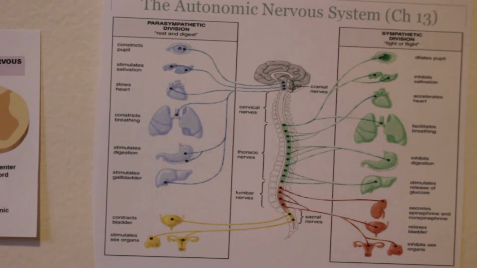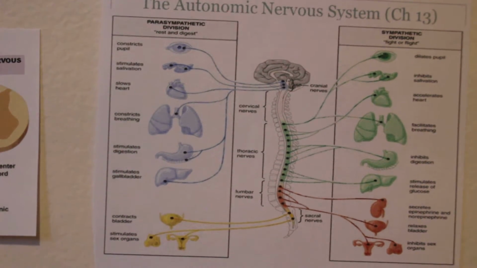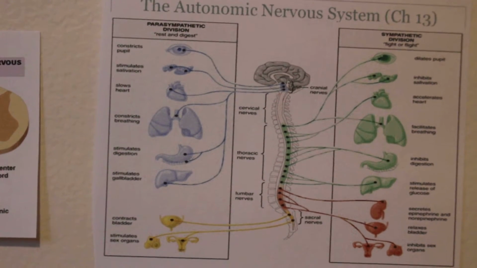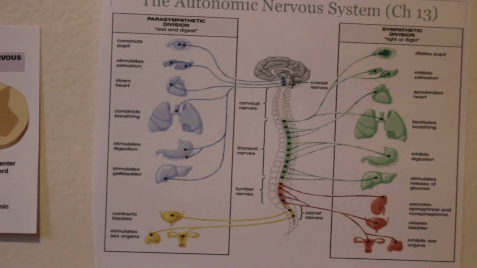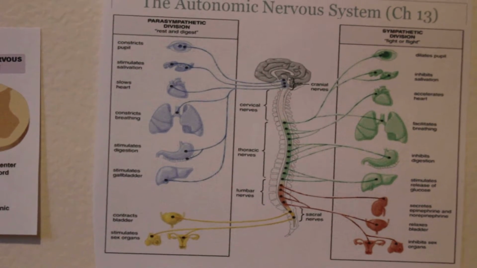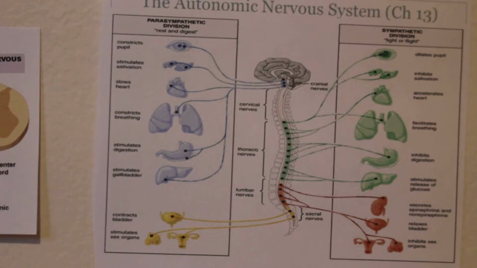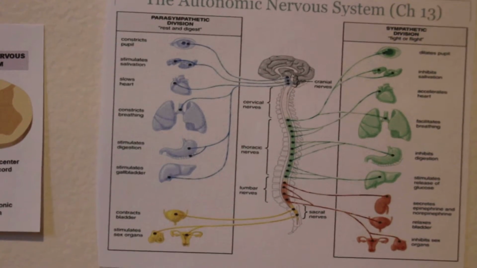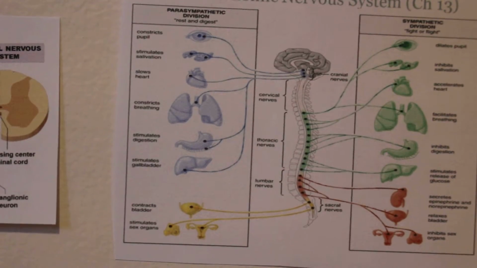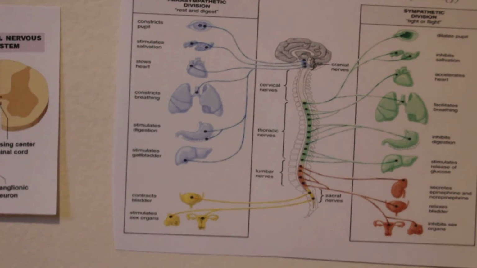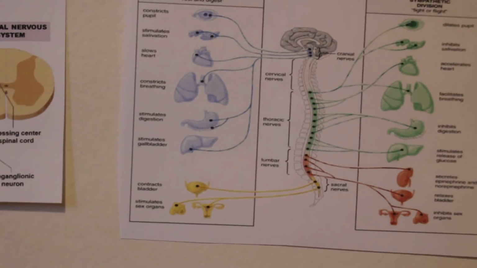And then the parasympathetic returns the body to the restful state. This is called rest and digest. It increases digestive processes and decreases heart rate and blood pressure, for example. This is cholinergic, so it uses acetylcholine.